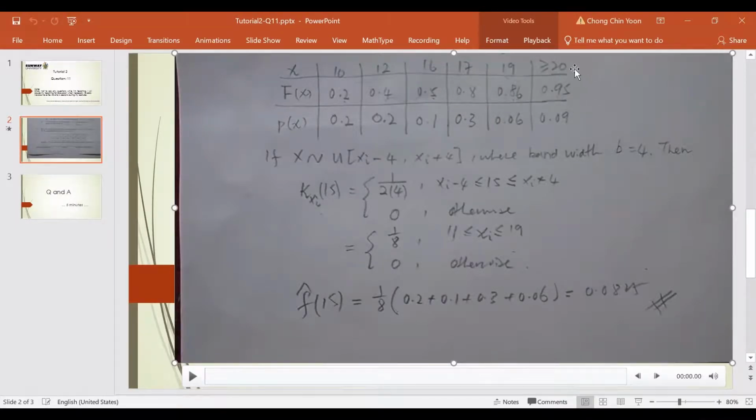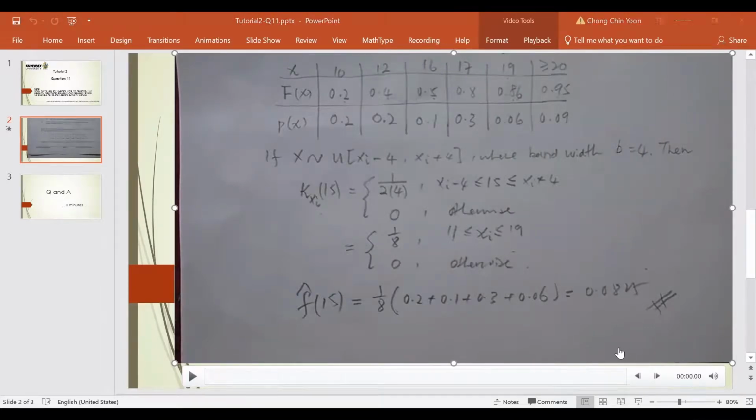Although we have some minor error here from the survey, not from the question, they may not get exactly 1 here. So this may not be reliable because it's not 1, right? But however, it's not important, because for this question we only calculate the observations from 11 to 19, that is from 12 to 19. Okay, so you will get the answer.